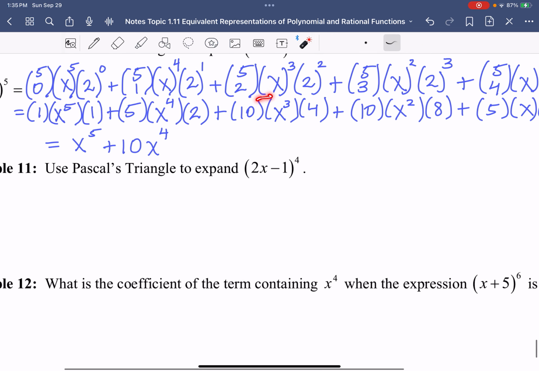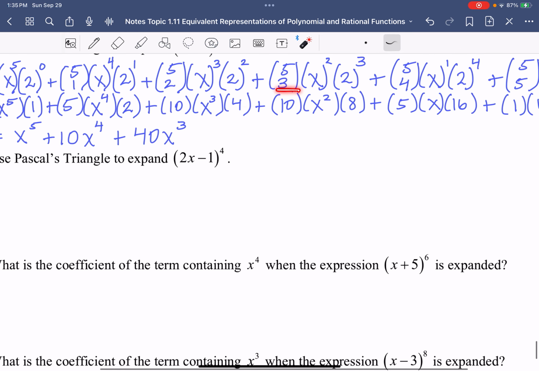The next term, looking in between the pluses, 10 times 4 is 40, so I have 40x cubed. The next term, 10 times 8, which is 80, positive 80x squared.